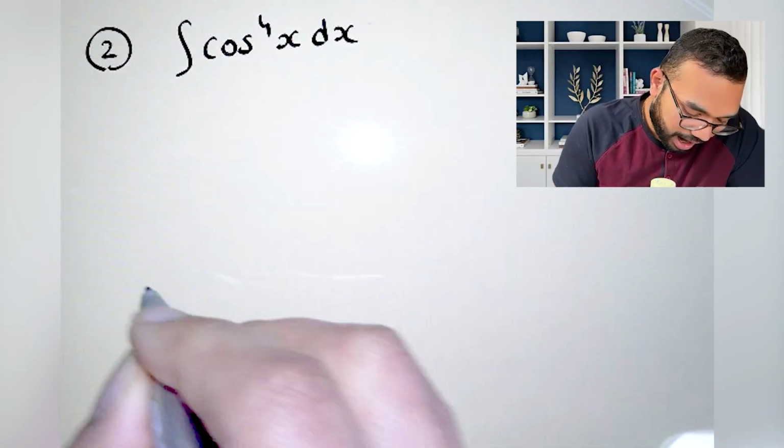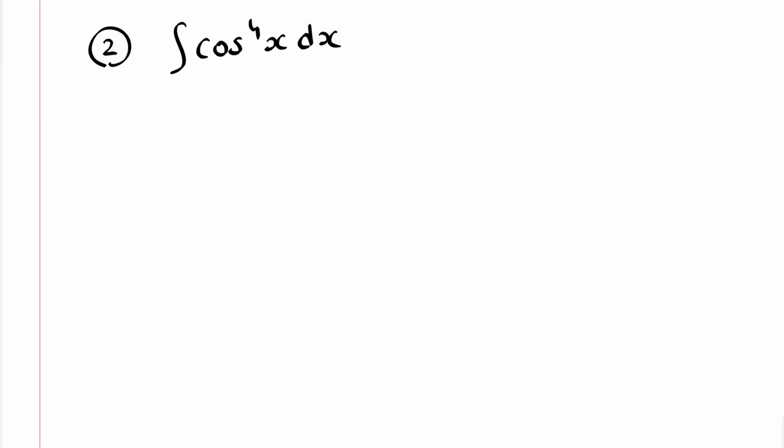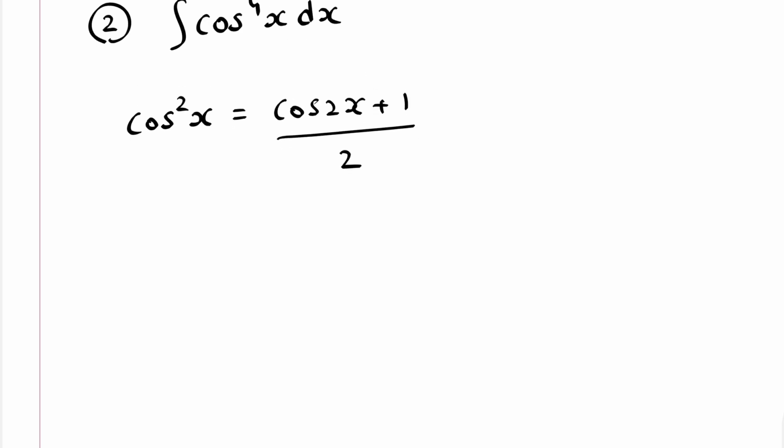So the way that I would do it is, I can write cos square x in terms of cos 2x as cos 2x plus 1 divided by 2, right? So what will happen to cos power 4x? Cos power 4x is simply cos square x whole square.